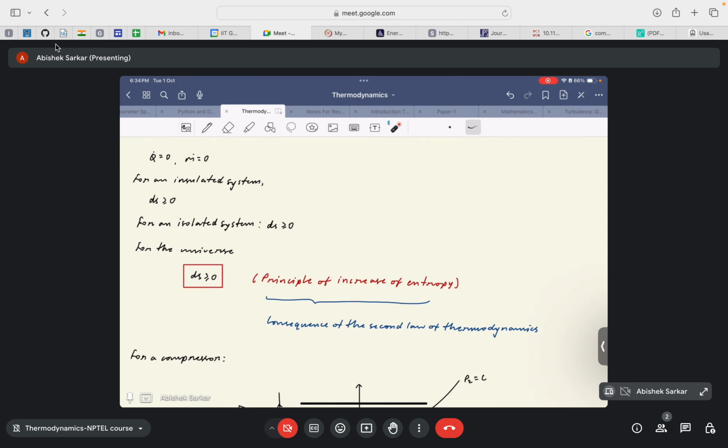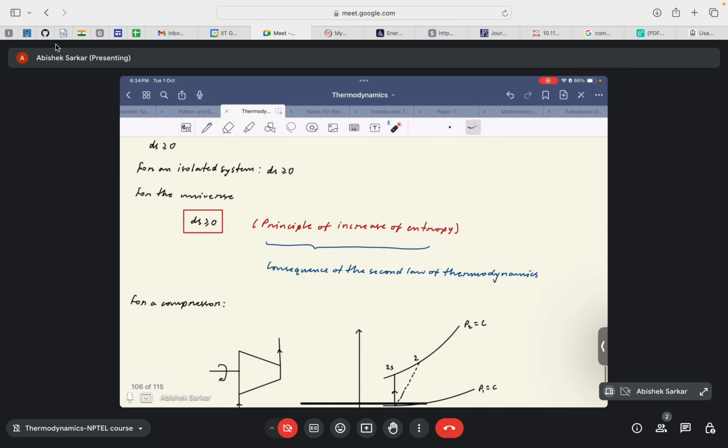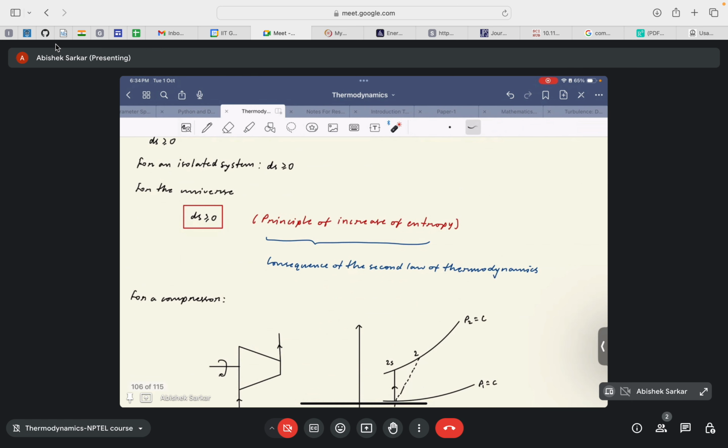Right now there might be a little bit of confusion about how we can directly say that. But if you try to correlate everything that we have studied till now, all the examples, the Kelvin Planck statement, the Clausius statement, the Carnot engine, the Carnot's theorem that we have discussed, and even the principle of increase of entropy, and try to find a correlation, you will see that the principle of increase of entropy is the direct consequence of the second law of thermodynamics.